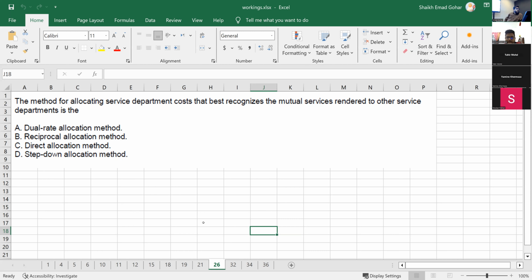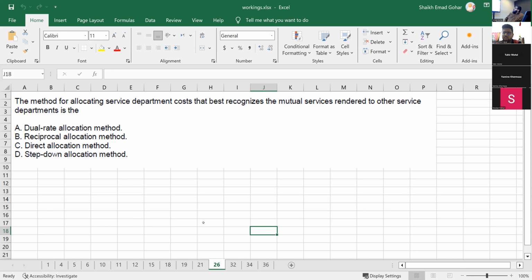What is step down method? Where you have from service to production and service to service also. But if service department 1 is giving something to service department 2, service 2 cannot come back. That's called step down. One time only. No reversal.